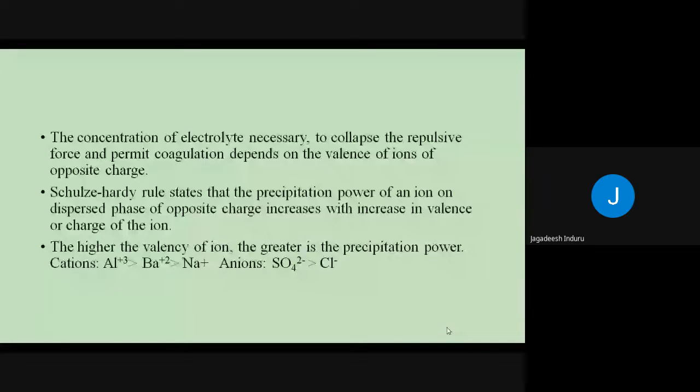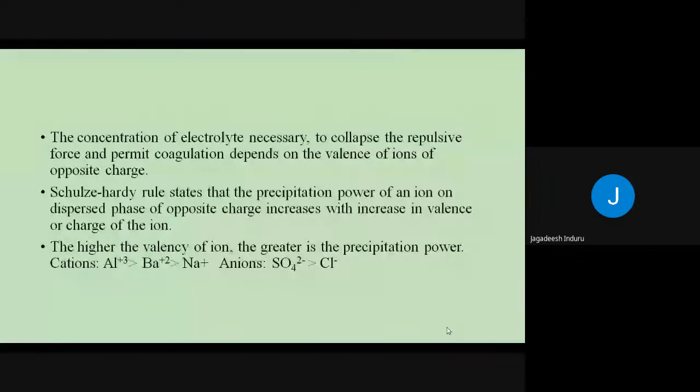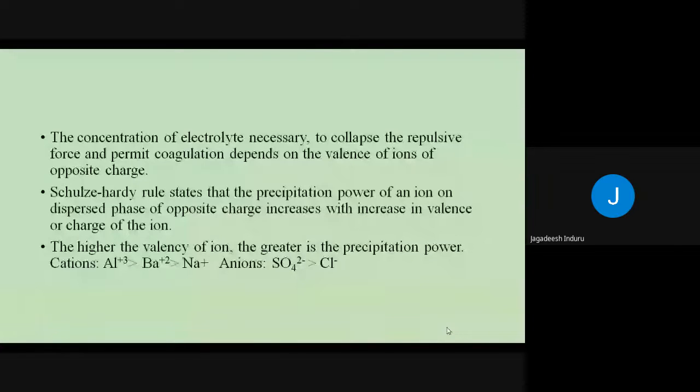Now, the higher the valency of the ions according to the Hardy-Schulze rule, the greater the precipitation power. This is a GPAT question. Do remember, the higher the valency of the ion, the greater the precipitation power. Because of that, when the valency of the ion is more, you need a lower concentration of the electrolyte to get precipitation or neutralize the surface charge, that is the zeta potential.